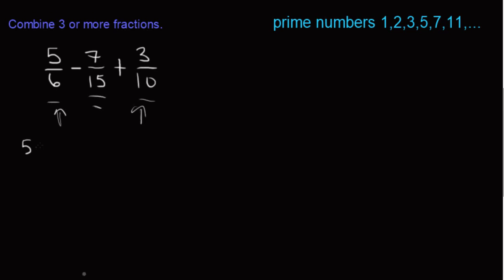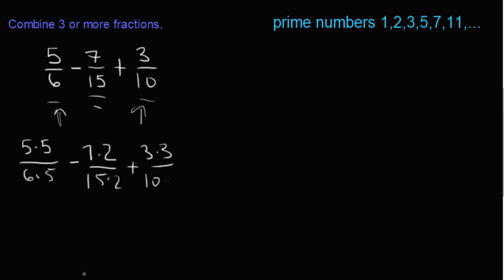I got 5 times 5 over 6 times 5 to give me 30, minus 7 times 2 over 15 times 2 gives me 30, plus 3 times 3 over 10 times 3 to give me 30.